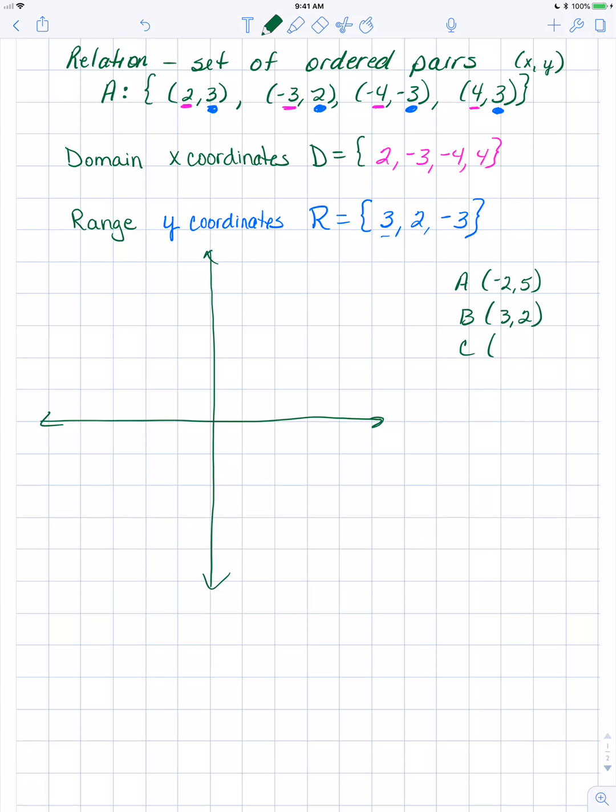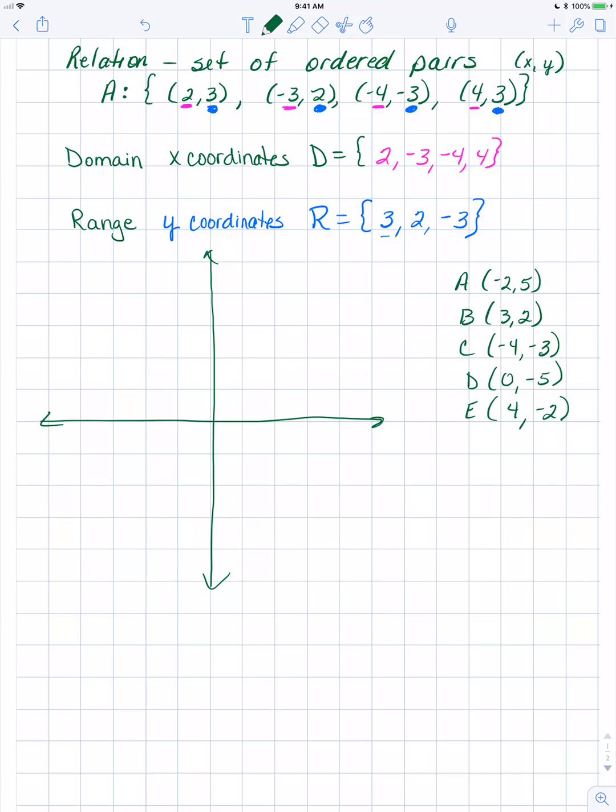C is at -4, -3. D is at 0, -5. And let's say E is at 4, -2.